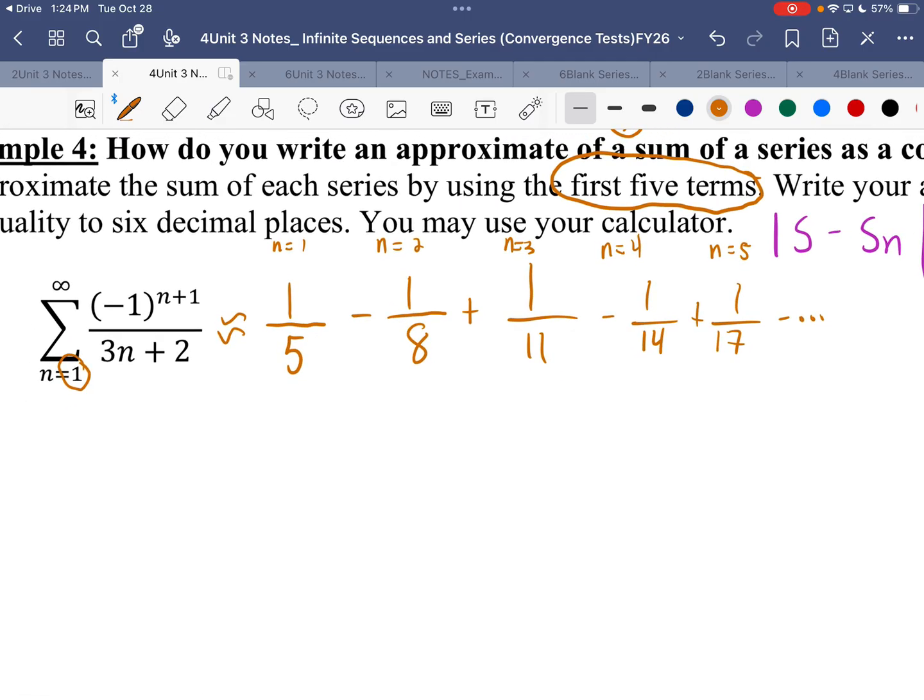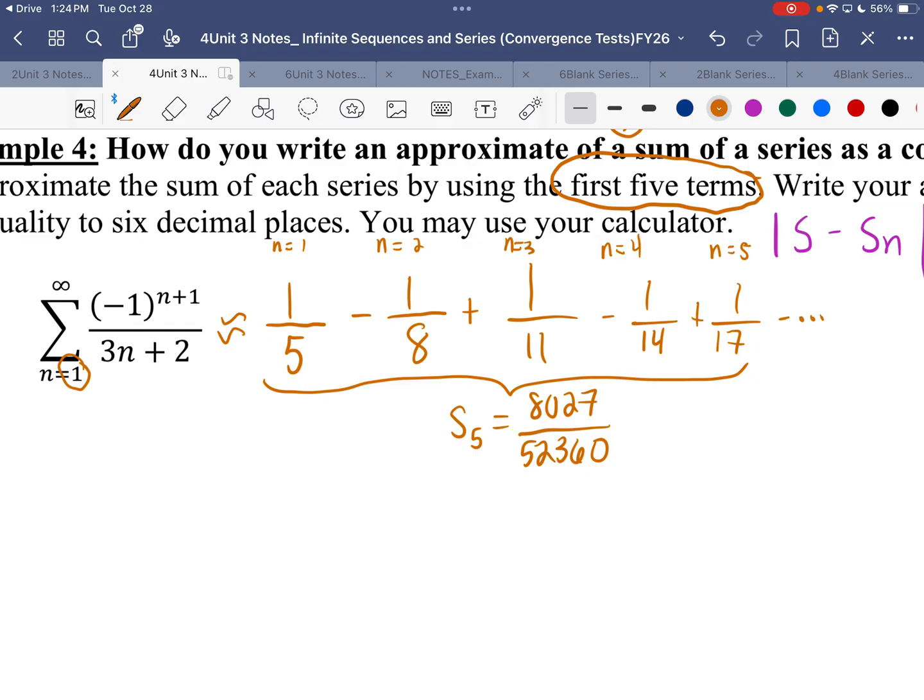All right, use your calculator and tell me what S5 is equal to as a fraction. Should be a really, really big fraction. 8,260.